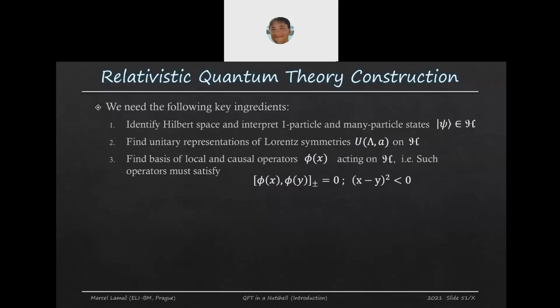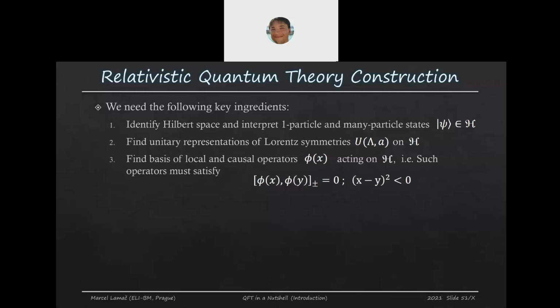So there must be such a basis of operators that are local and causal, because they will work as the basis for all the physical observables. And if they are causal, then that is okay, and we can say that we truly have a relativistic quantum theory. So these ingredients are key for the construction of relativistic quantum theory, and each of them has to be checked when we are constructing a quantum field theory.